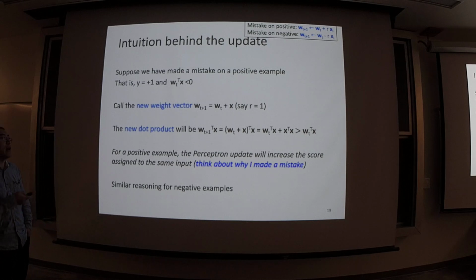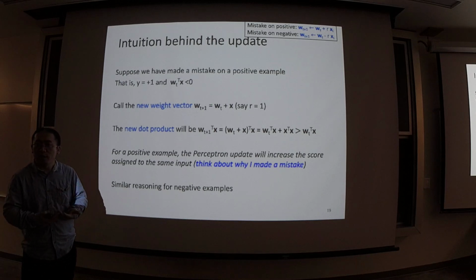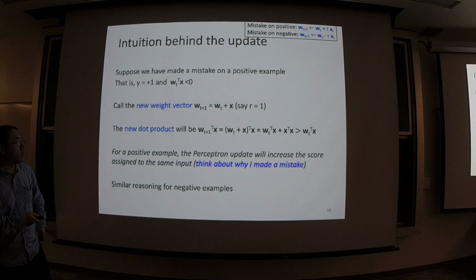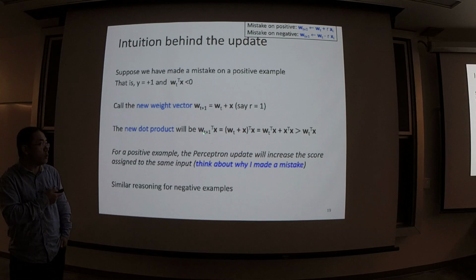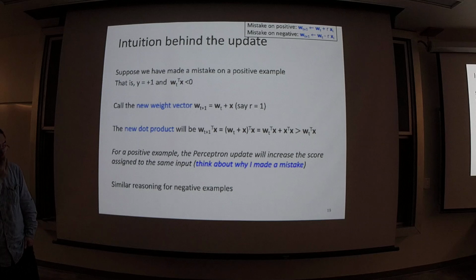We can take a look, right? After the update, what happened to our classification? If we use the updated weight vector to make the prediction again, we compute the inner product between WT plus 1 and the input vector X, from which we just made a mistake.